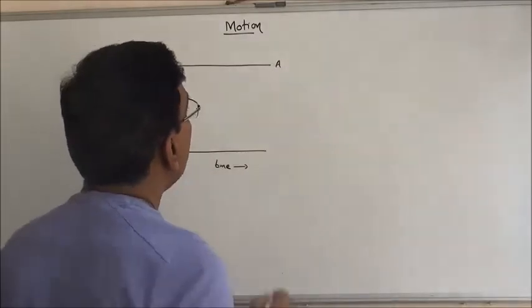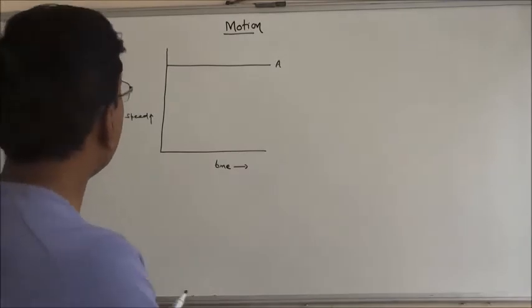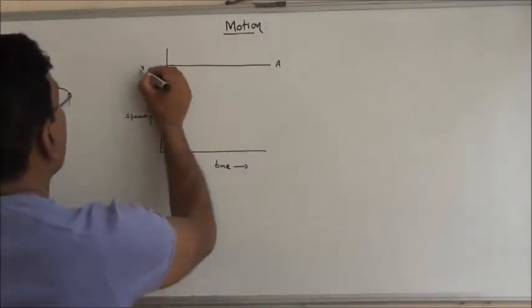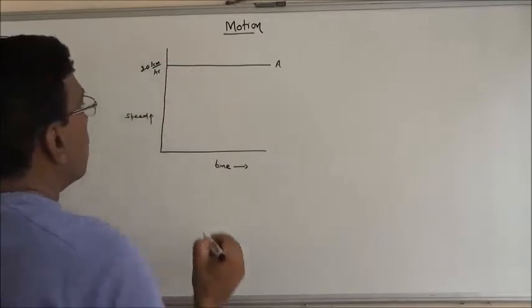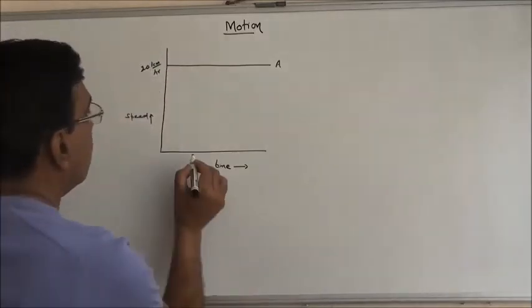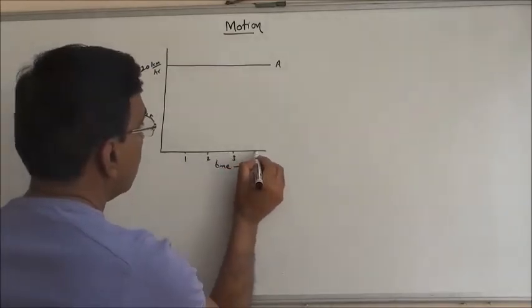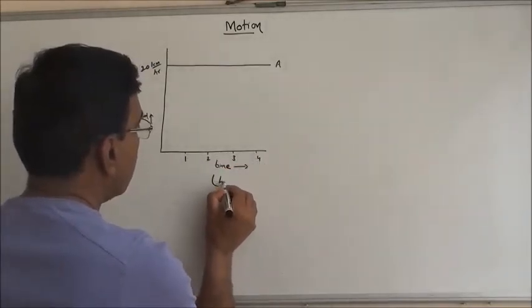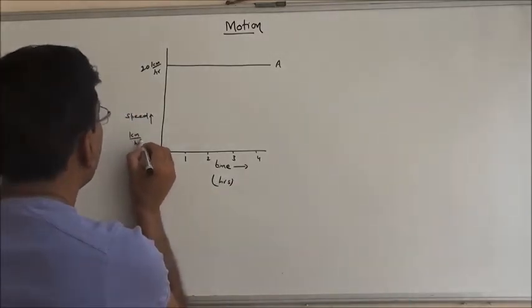Suppose for a body we have this speed time graph, and here the value I can take randomly, let me say 20 km per hour, and 1, 2, 3, 4, let the time be in hours and the speed in kilometer per hour.